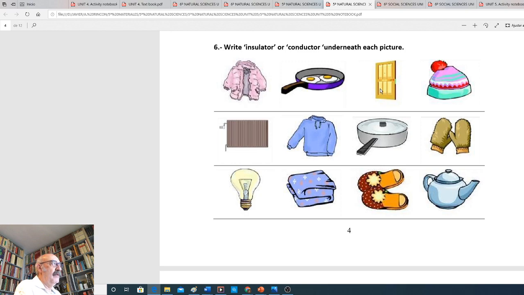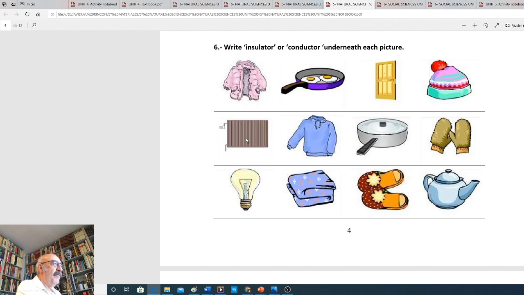This door is an insulator. We want to keep our room warm, so we should close the door to insulate our room. And this is a gap. It's an insulator. This is a stove. Sorry, this is a heater made of metal.